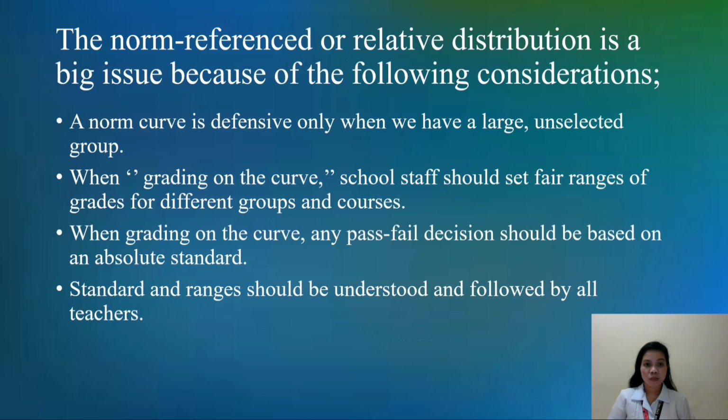A. A norm curve is defensible only when we have a large unselected group. B. When grading on the curve, school staff should set fair ranges of grades for different groups and courses. C. When grading on the curve, any pass-fail decisions should be based on an absolute standard. D. Standards and ranges should be understood and followed by all teachers.